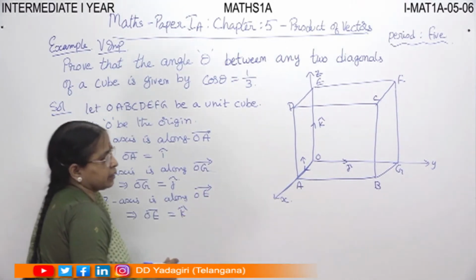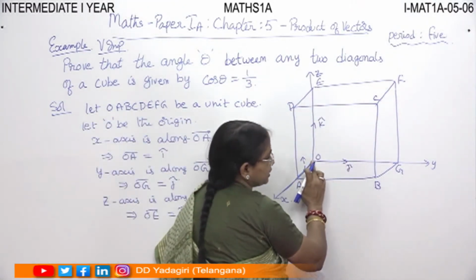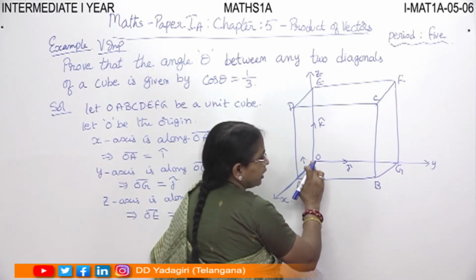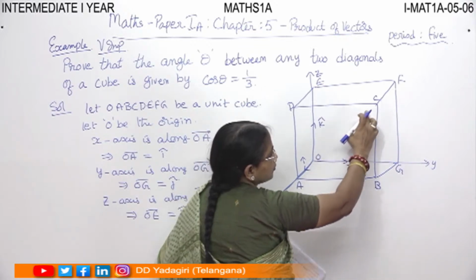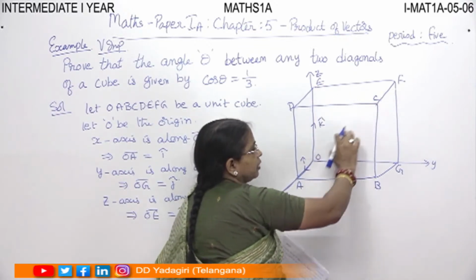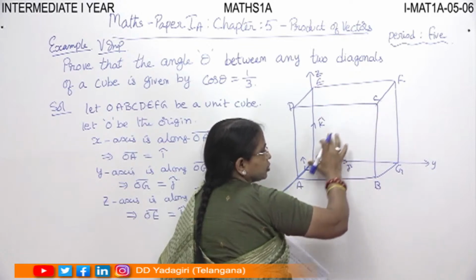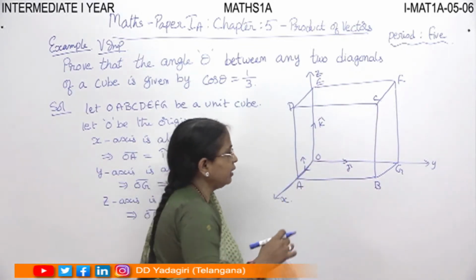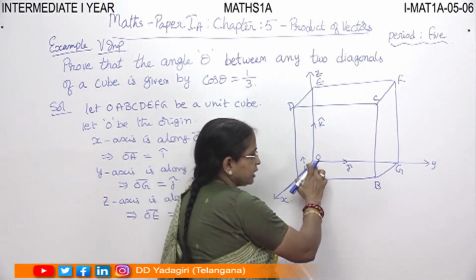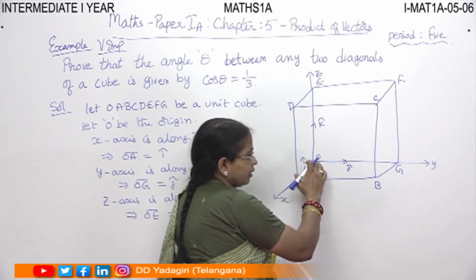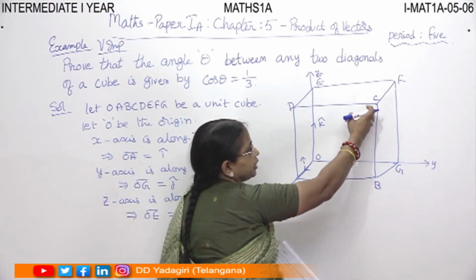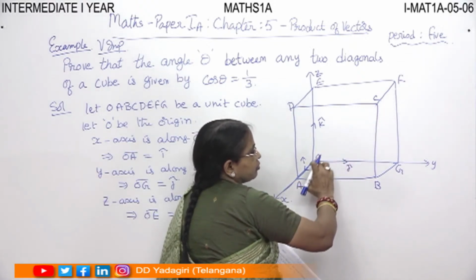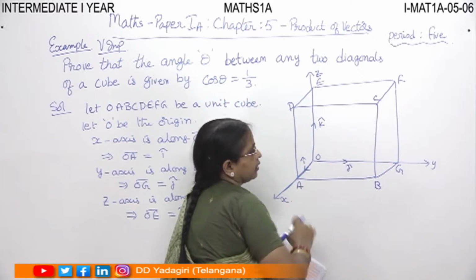Now we'll take the diagonals. The diagonal of the cube is obtained when you join one vertex of the base and the opposite vertex on the top side. When you take this point as one vertex, then the other vertex opposite to it will be C. So OC will be one diagonal.